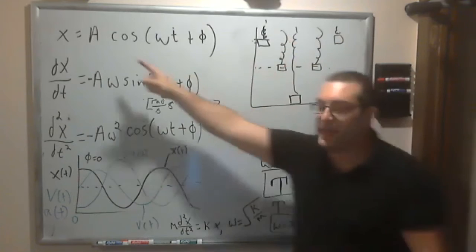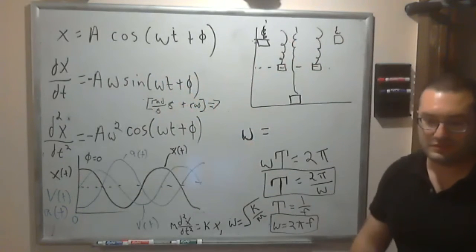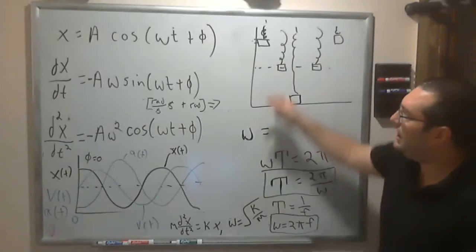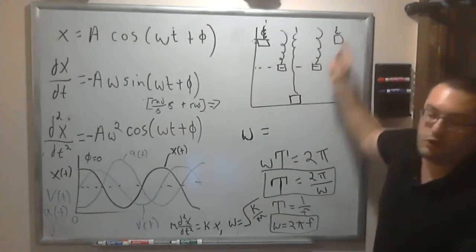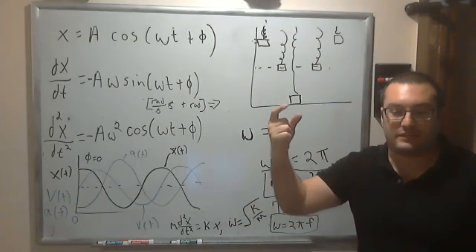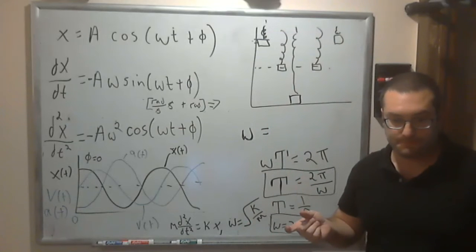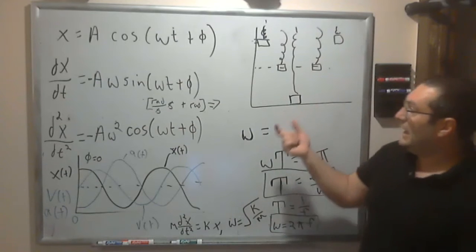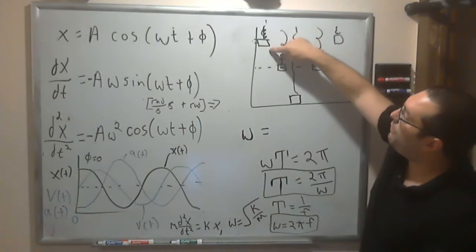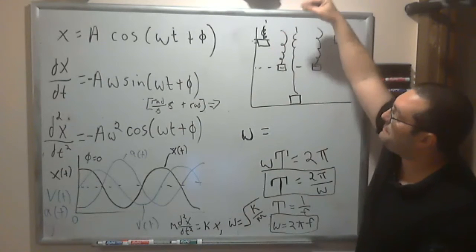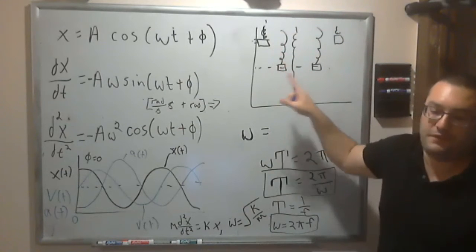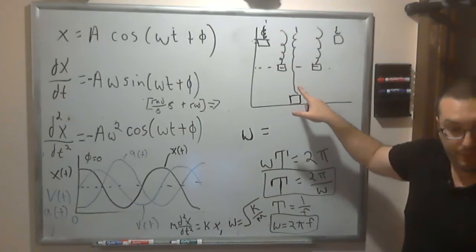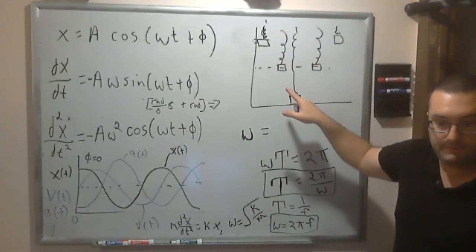Does it depend on the amplitude? No. So it doesn't matter whether I stretch it more or less, it'll oscillate at the same frequency. That's kind of cool, right? And if you think about it, why is this the case? Well, I stretch it up more, it picks up a higher velocity, but it also travels further, right?